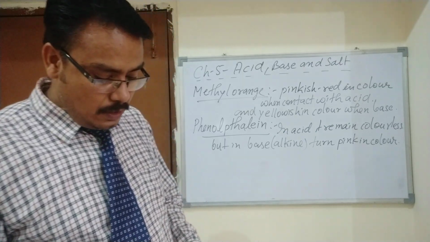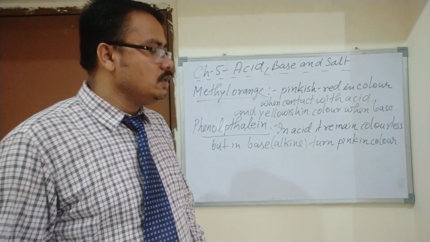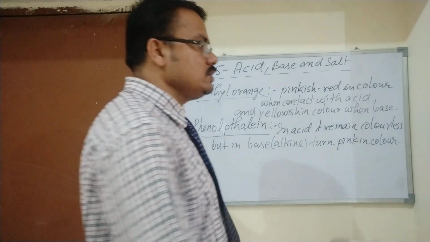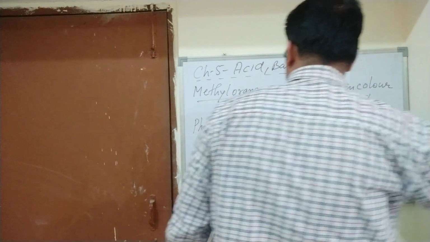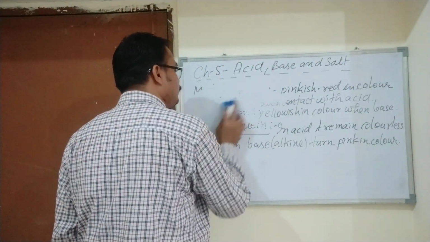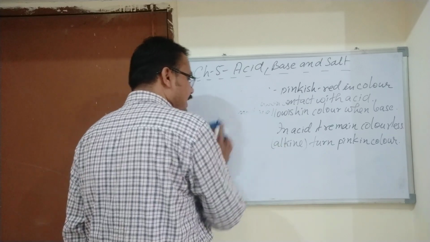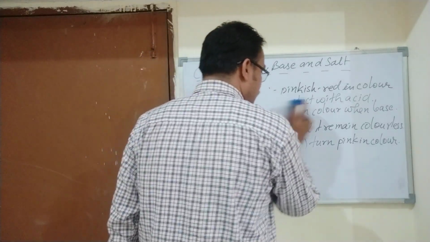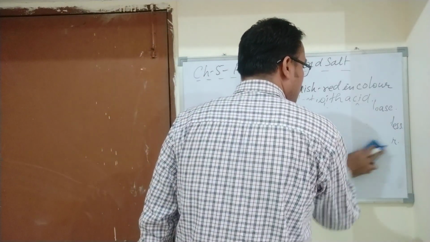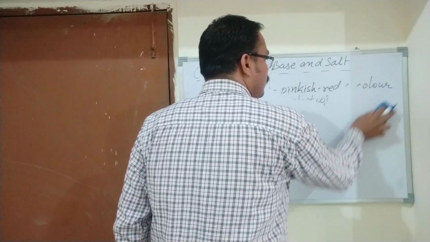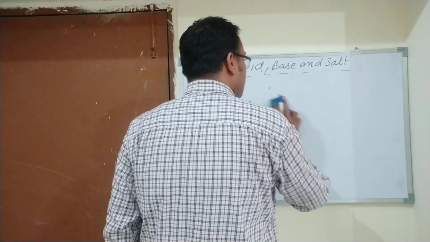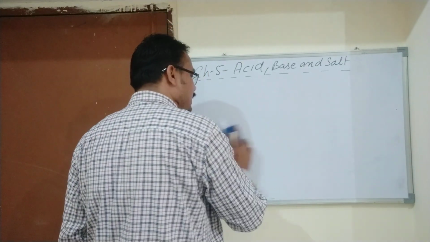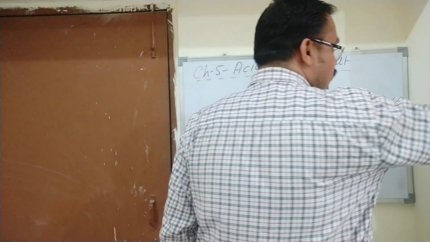Okay, students. Now the next topic is neutralization. What is neutralization, students? I have already explained that in the previous video. When an acid and a base react with each other, both neutralize each other and become neutral, and this process is called neutralization.